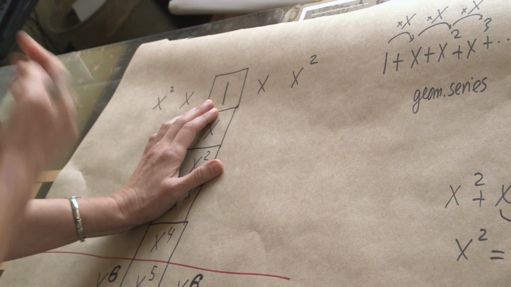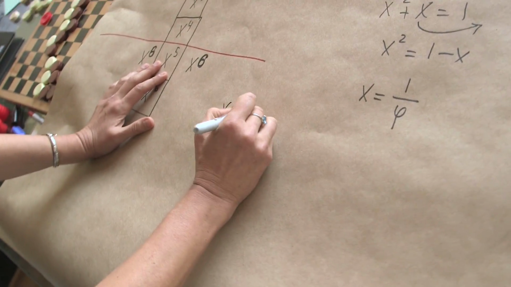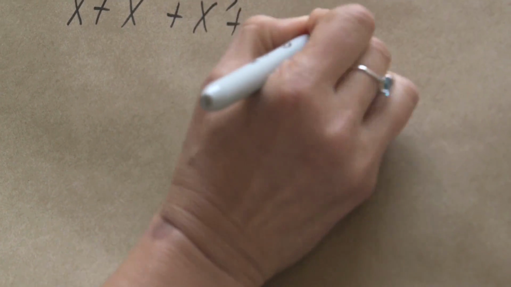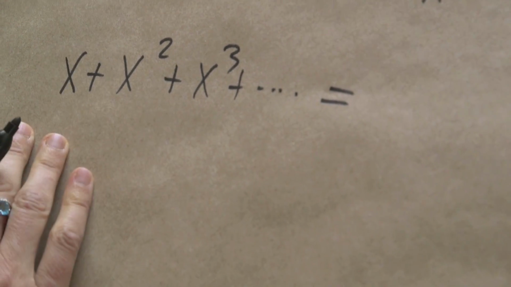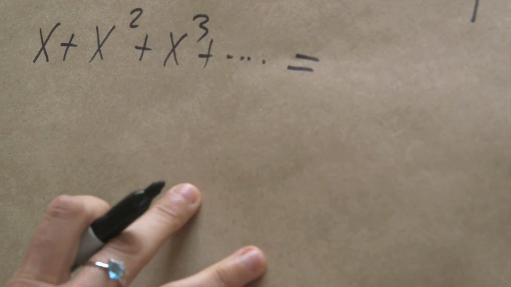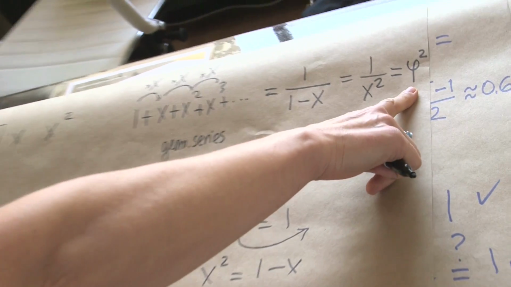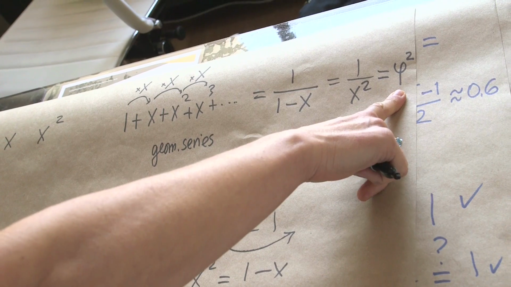How about the other half? We just can't forget that. So let's add. So the other half is x plus x squared plus x cubed and so on, right? Now, I don't really need to repeat this whole calculation here. So we haven't got the 1 anymore. No, we don't. So what do we have to do? Just subtract 1 from our previous answer because we are missing it here.